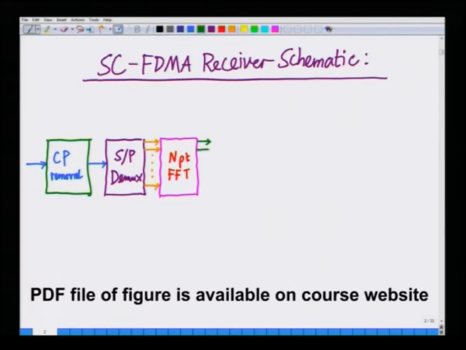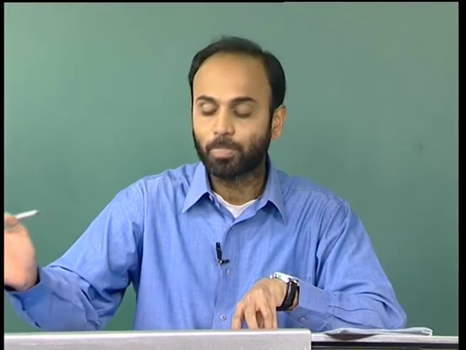Now, after I perform the N point FFT, I have to equalize these symbols. Previously we had detection, but before detection now we have to equalize, because this is a single carrier system. So we equalize across each subcarrier and then do a demapping back to the M symbols.